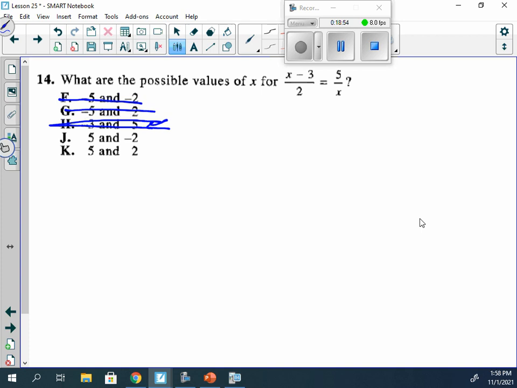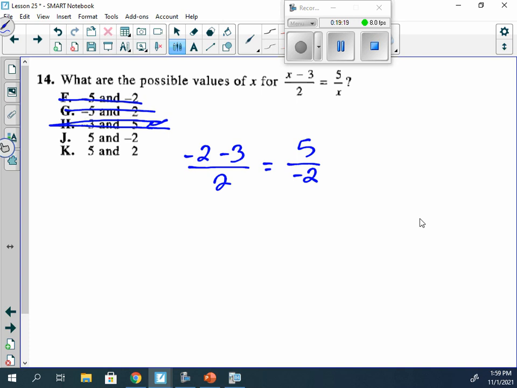So it's telling me one thing for sure is that 5 will work, yes? Because the only two left have 5, but what do they differ by? +2, yes? Which one do we want to try, -2 or +2? So -2 minus 3 over 2 is equal to 5 divided by -2.